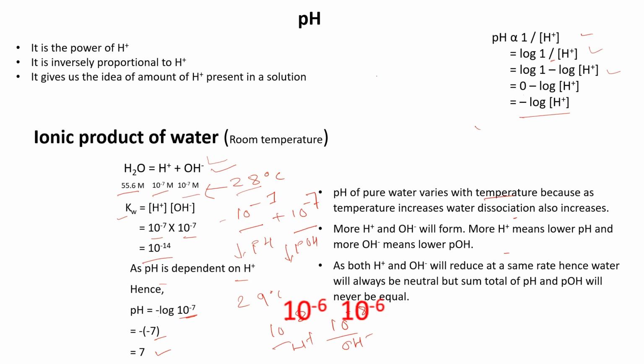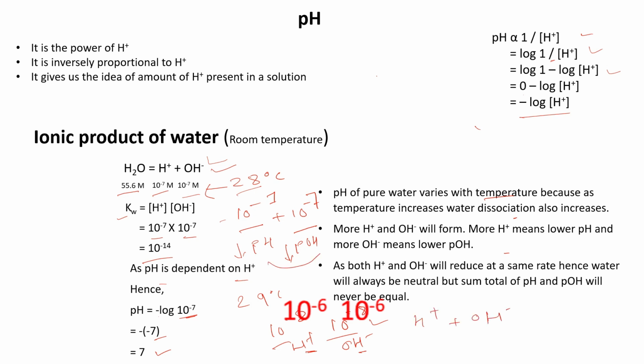If we change the temperature, the water will dissociate more, we will get more H plus and more OH minus. Water will still remain neutral because the increase in concentration of H plus and OH minus is at the same rate. So water will always be neutral, but the sum of H plus and OH minus will differ.